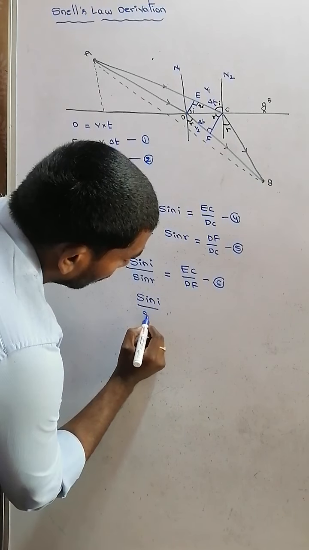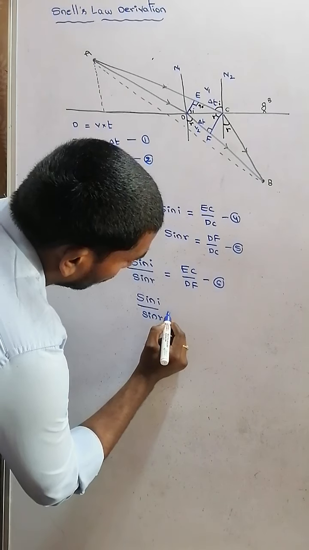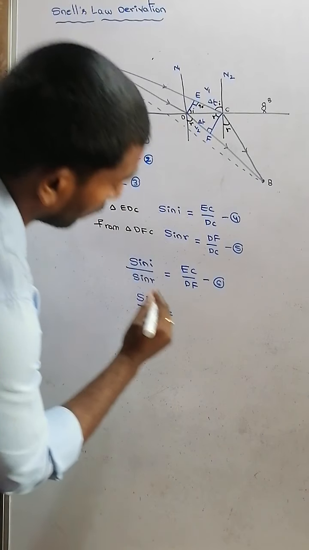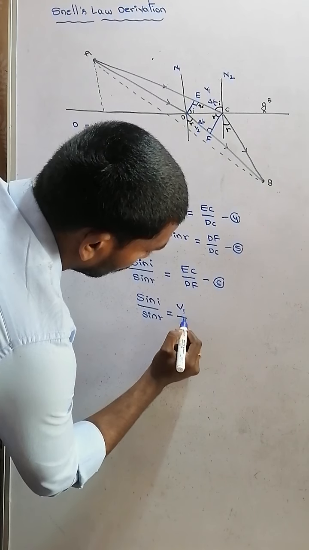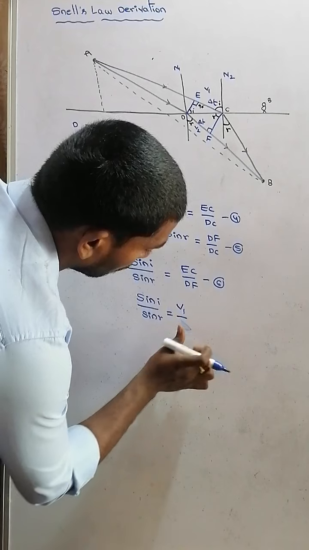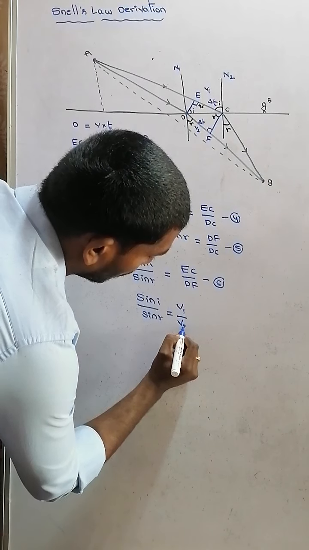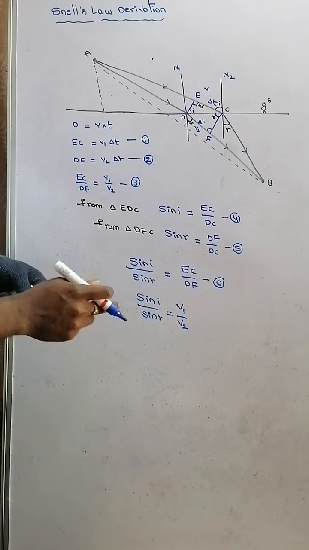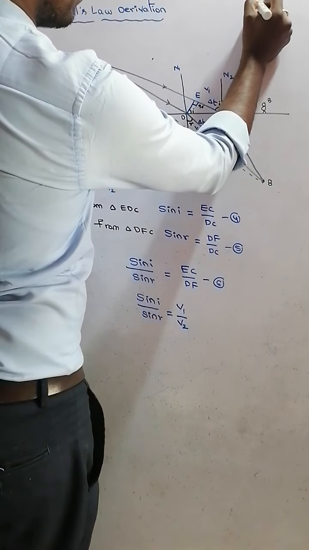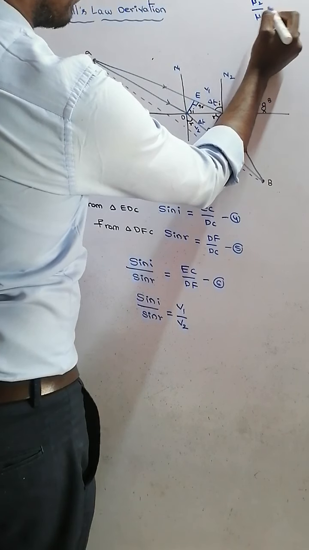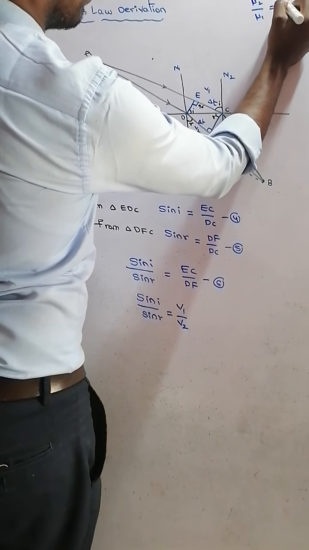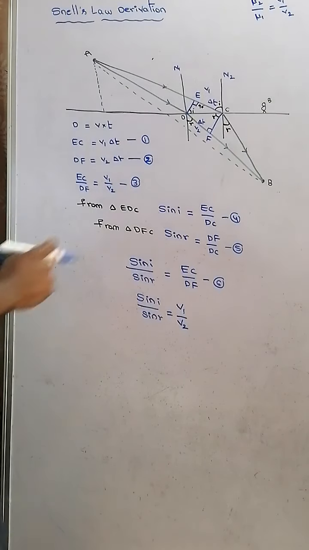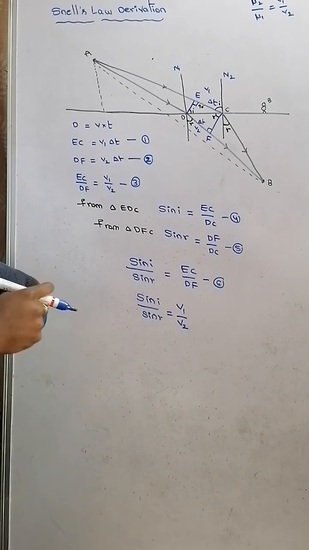Sin i by sin r equals v1 by v2. And v1 by v2 is nothing but, according to the relative refractive index, mu2 by mu1 equals v1 by v2. So we can replace it as mu2 by mu1.